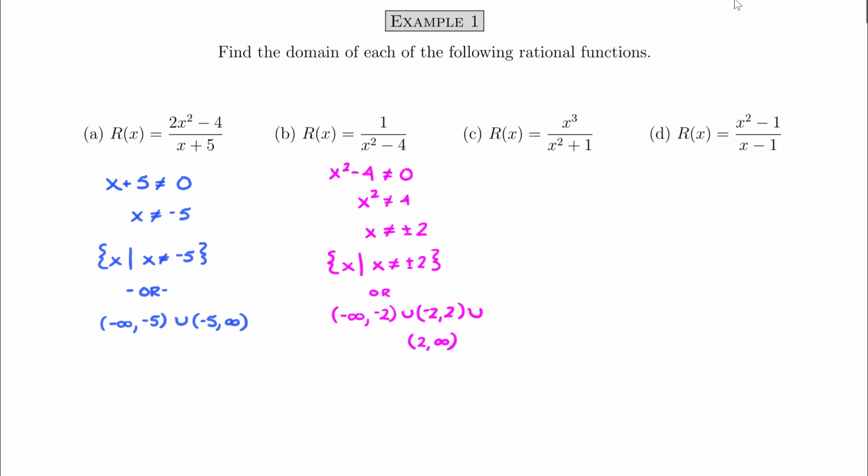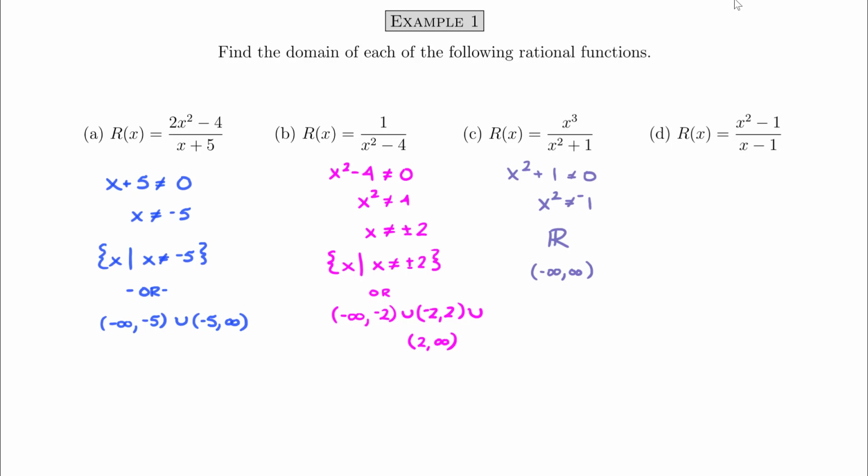With part C on example 1, we take the denominator, set it not equal to 0. And what we notice here is that we can't square a number and get negative 1. So there are no exclusionary values on part C. So this domain is all real numbers, or we can simply write negative infinity to infinity.